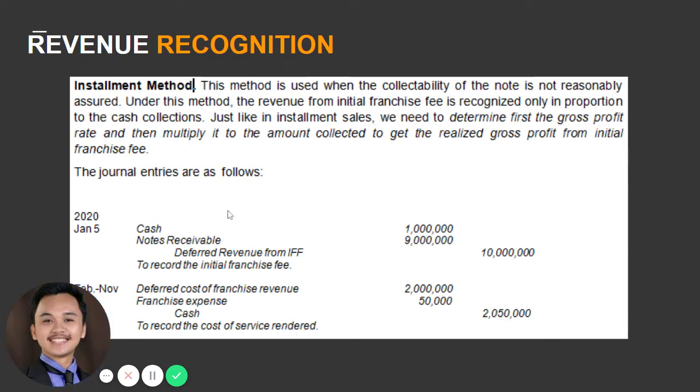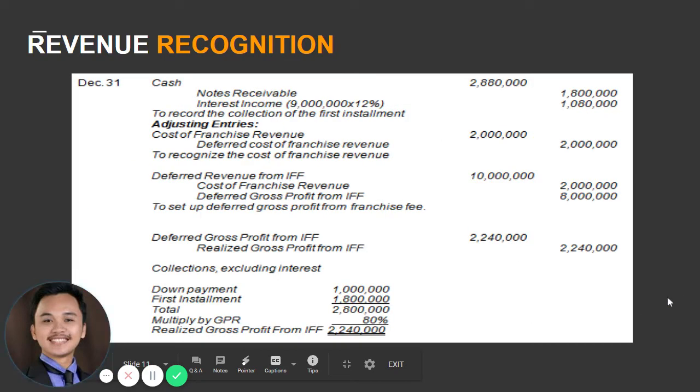Okay? Now, you have here your journal entries. Again, same journal entry at the beginning, on January 5, when the contract was signed. So debit to cash and notes receivable for 1 million and 9 million respectively. And then credit to deferred revenue from installment or initial franchise fees of 10 million. And another same entry: debit to deferred cost of franchise revenue of 2 million, franchise expenses of 50,000, and then credit to cash for 2 million 50,000.